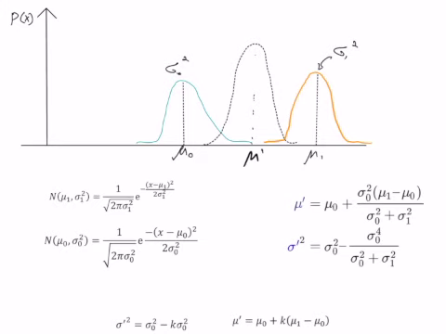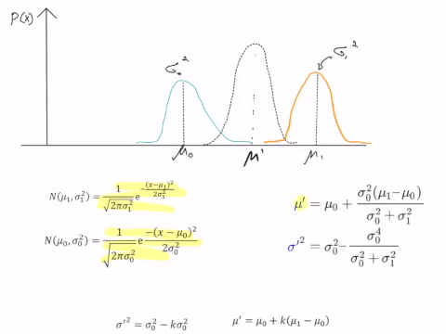Here we have the Gaussian PDF of the first distribution. Here we have the Gaussian PDF of the second distribution. And if I multiply those two together, I will end up with a new mu and a new variance.